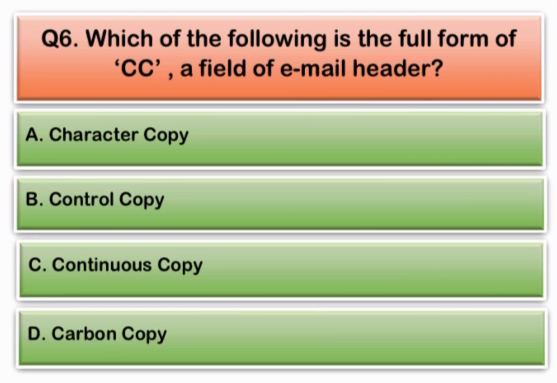Among the options in an email header we have CC and BCC. CC stands for carbon copy. So option D will be correct. And one more option is BCC, which is blind carbon copy. So CC is carbon copy, and as a result option D is correct.